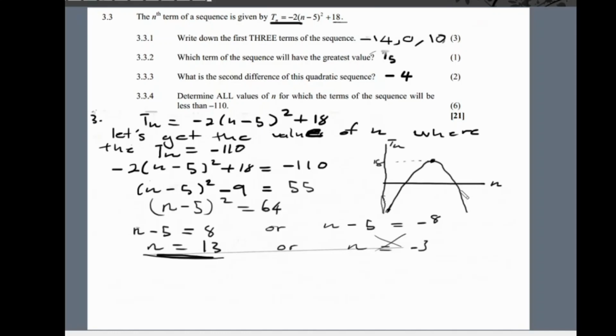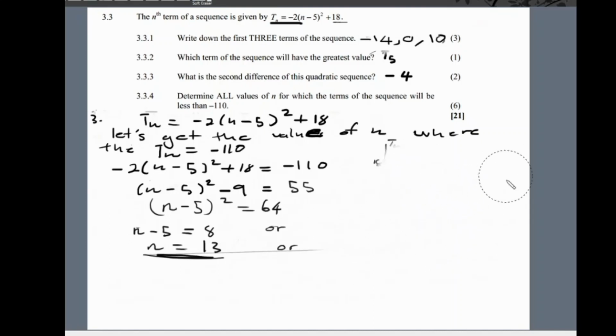At some point, n minus 5 equals minus 8.